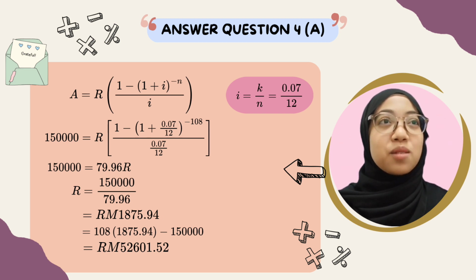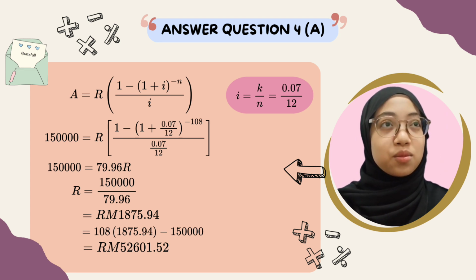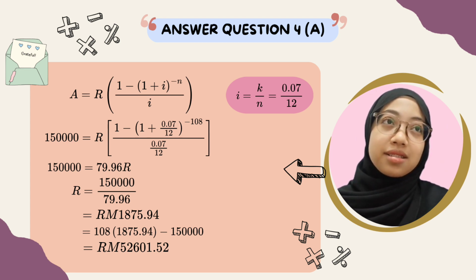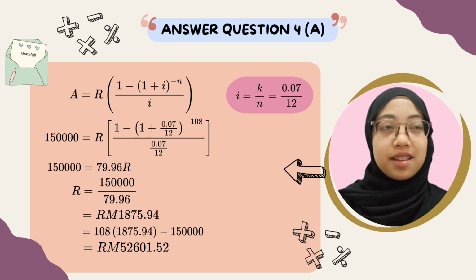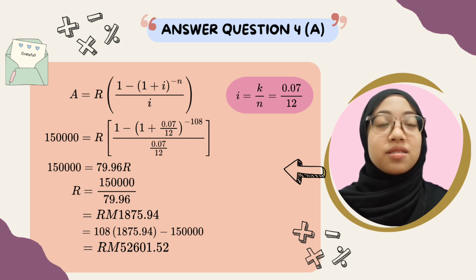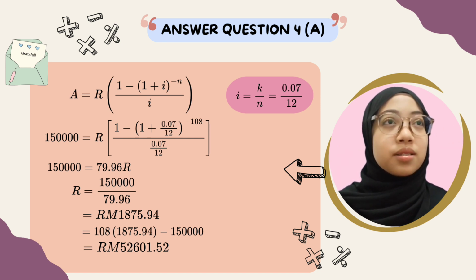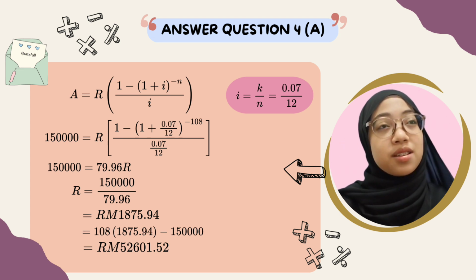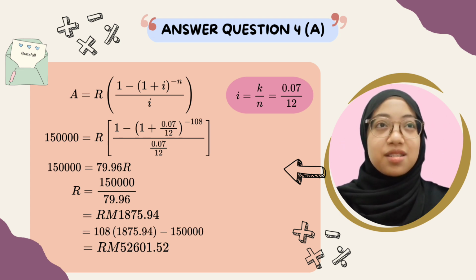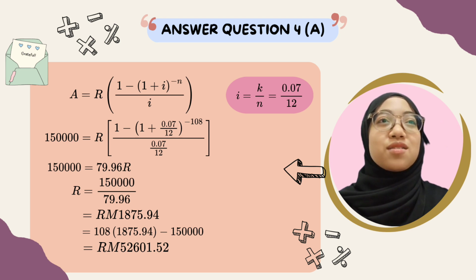So bracket 1 plus 0.07 over 12, close bracket, power negative 108, and then divide all that by 0.07 over 12.